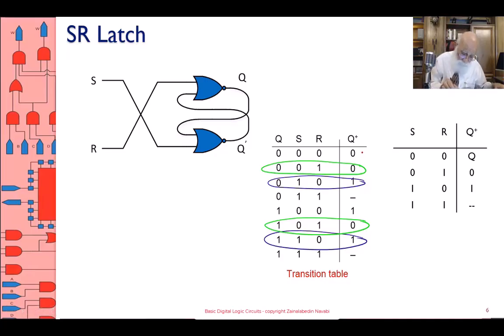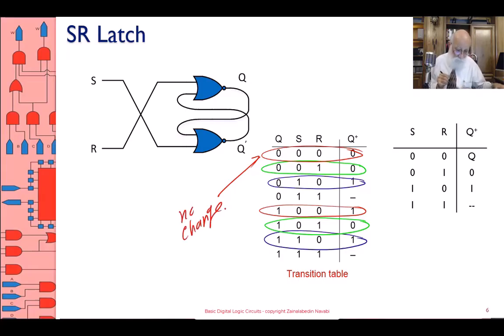Okay, so this is no change, because S and R are 0. This is set. And this is reset.